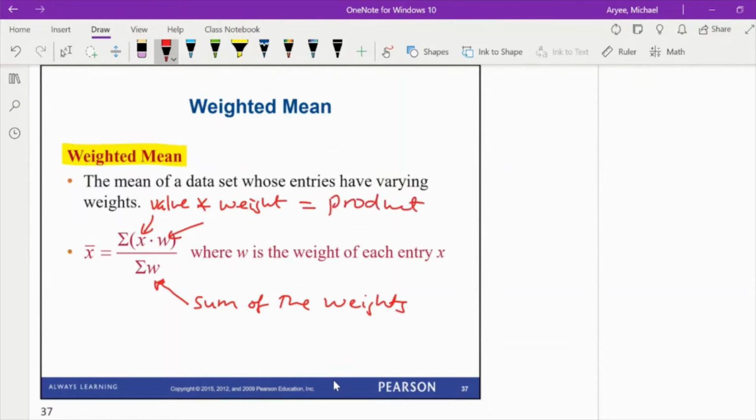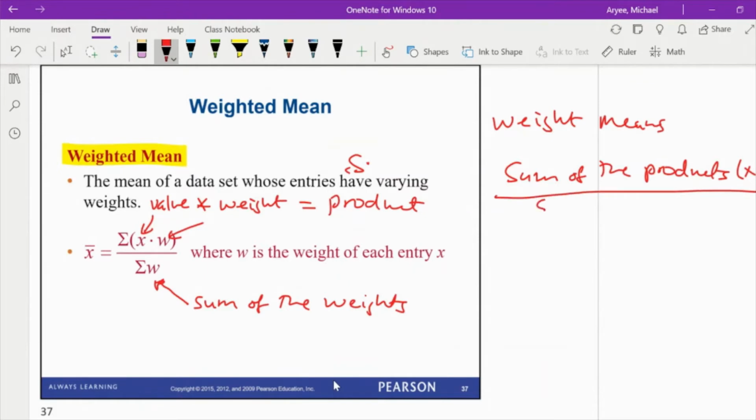Let me just call this the product. So the weighted mean is the sum of the products of the value times the weights, all divided by the sum of the weights.